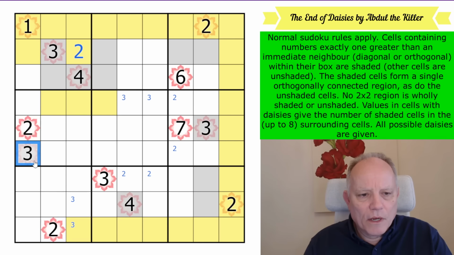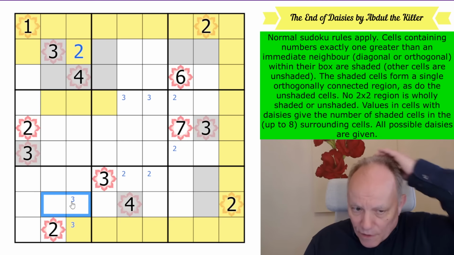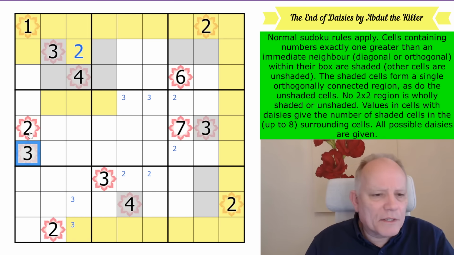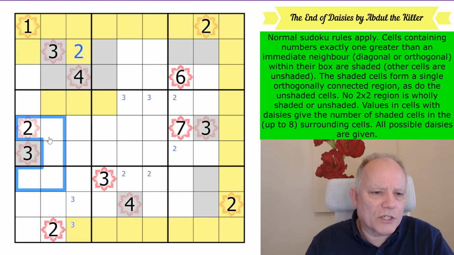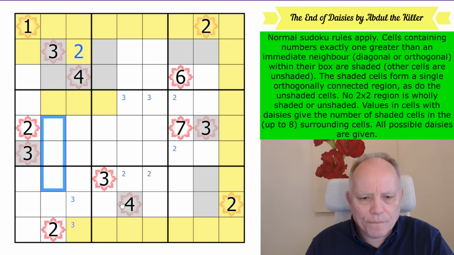That 2, well, that's... This 2 might mean that these are yellow and those are the 2 grey ones. This is a 3 as well, so 3 of these are shaded, but they can't all be these 3. I'm not quite sure what else this means. Let's just keep going though.